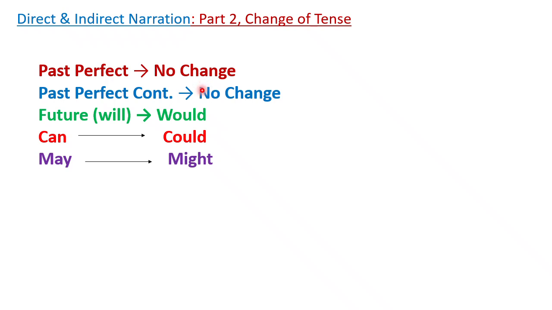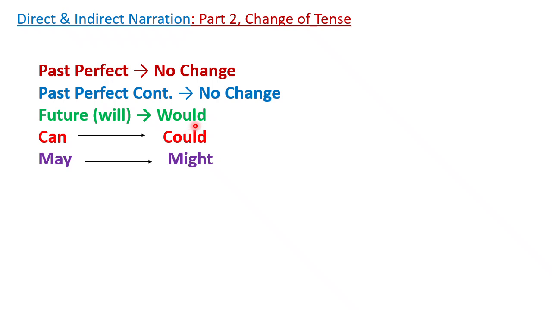All these things are mentioned in our lesson number 1, the introductory lesson. Please do listen to that one. Watch it, please. But here I'm just telling you that with past perfect, tense will not change, but the pronouns will definitely change. Then past perfect continuous tense, if it is within the inverted commas, there will be no change when you change it into indirect narration.